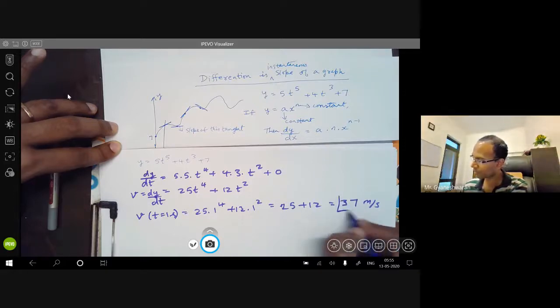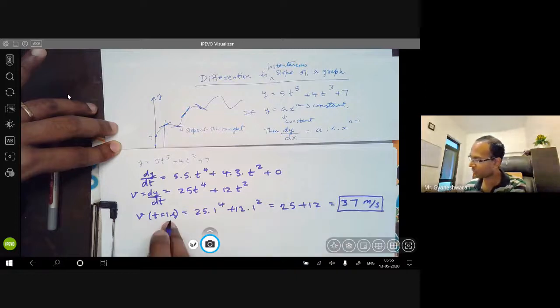So this is the answer for velocity at t equal to 1 second if you just apply the differentiation formula to the function of displacement y as a function of time, right?